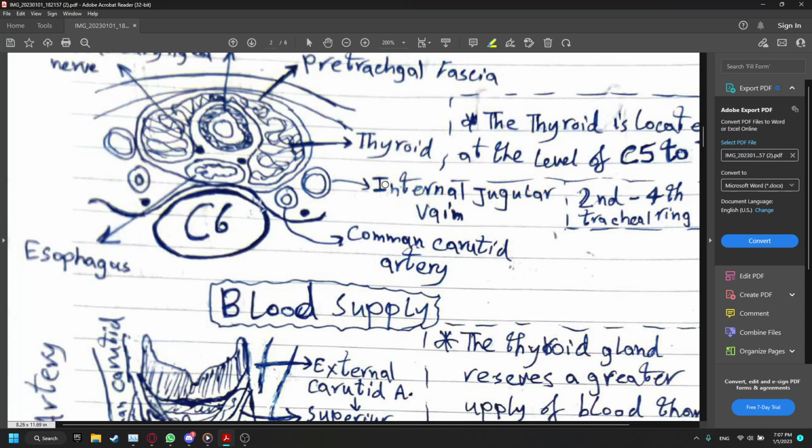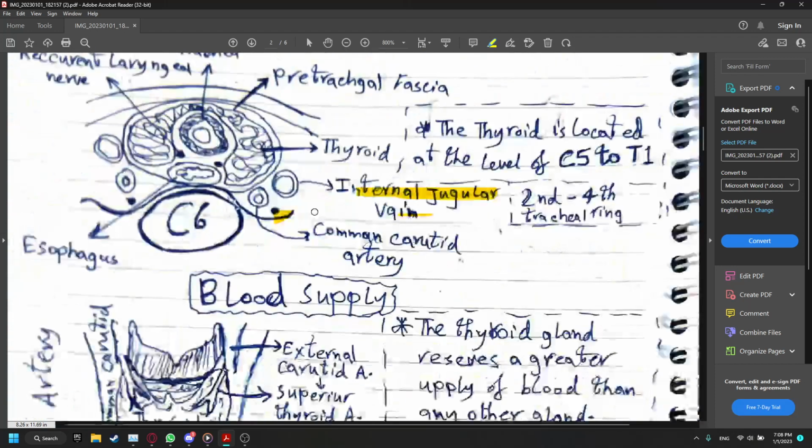The next question right after it asked which of the following nerves is closest to the internal jugular vein, and that would be the vagus nerve, which is literally right here.